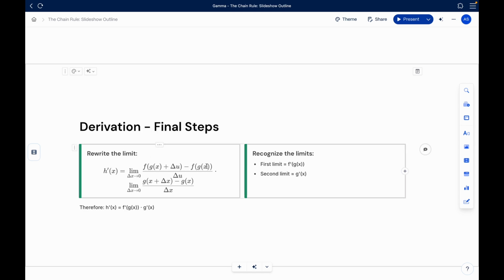If we replace g of x with x or u, it would be right on there. And the right side is just pretty standard, just the limit definition of the derivative, except it's with g of x. So therefore, h dash of x is equal to f dash of g of x times g dash of x.